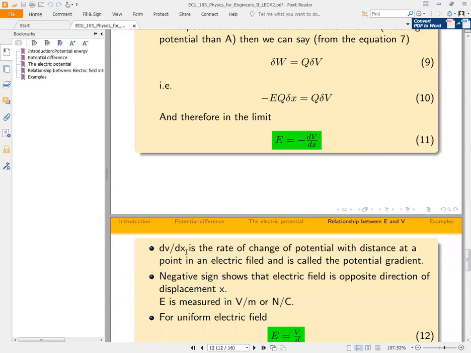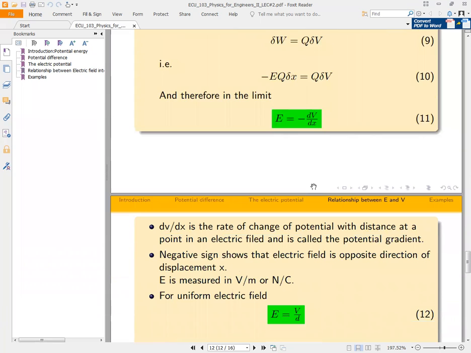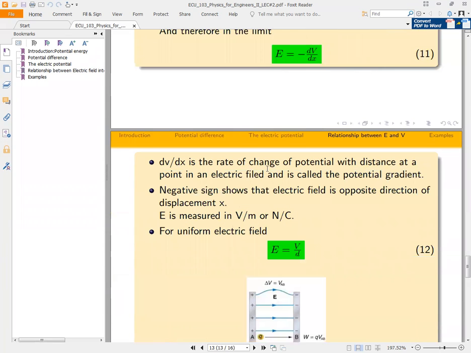Now, dV/dx, this quantity in equation number 11, is the rate of change of potential with distance at a point in an electric field and is called the potential gradient.